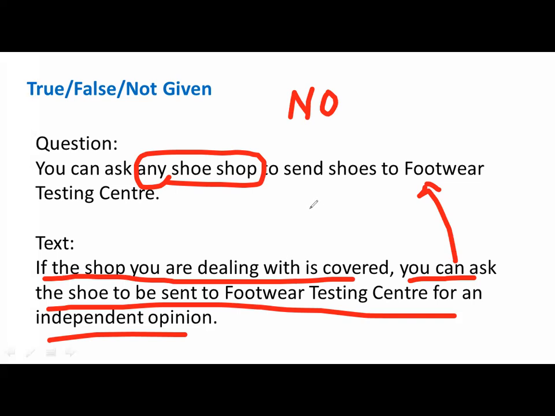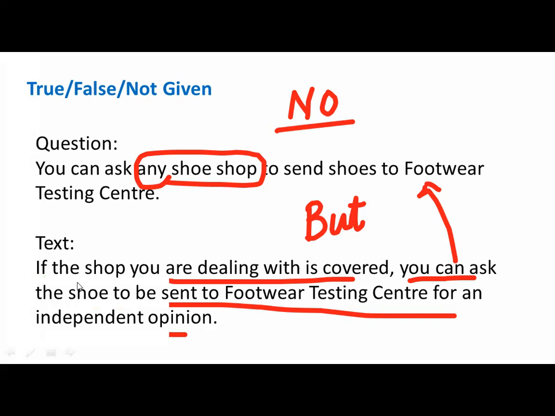So as I said earlier, when the answer is false, your answer will first come like no, and it will make a new sentence by saying but. But when it comes to not given, you will not be able to say no, and you will not be able to make any sentence with but.